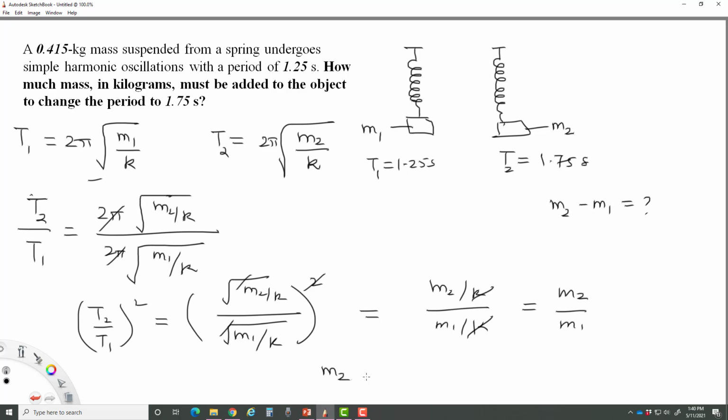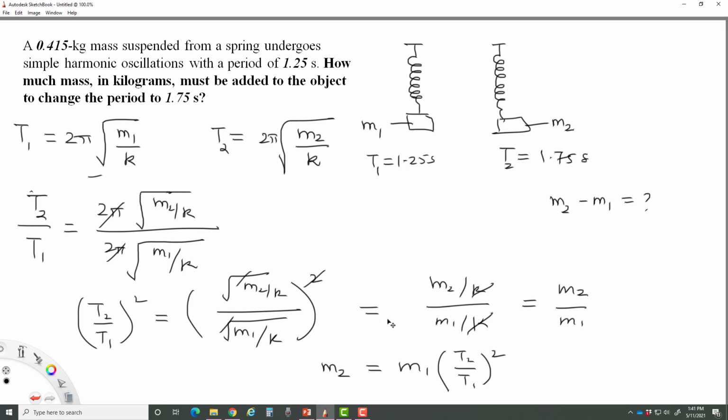We want to find m2, so multiply both sides by m1, and you get m2 is m1 times T2 over T1 squared.